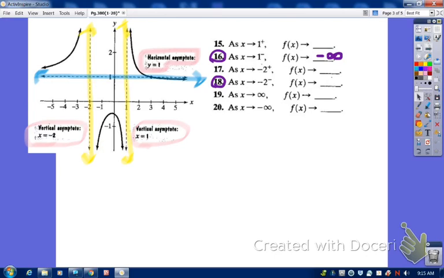That means we are talking about this piece that I just highlighted in red. As x approaches negative 2 from the left, what are the f of x values approaching?